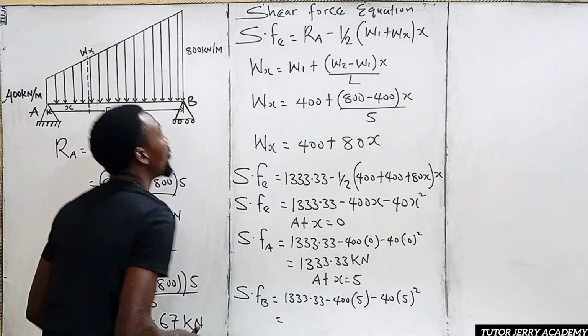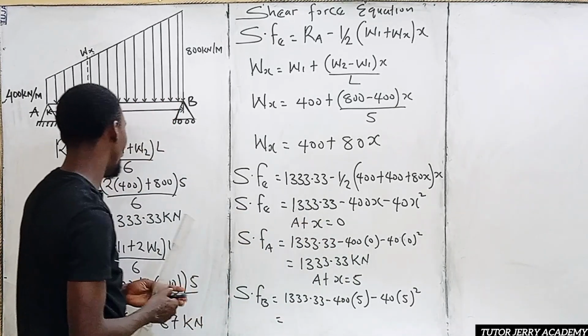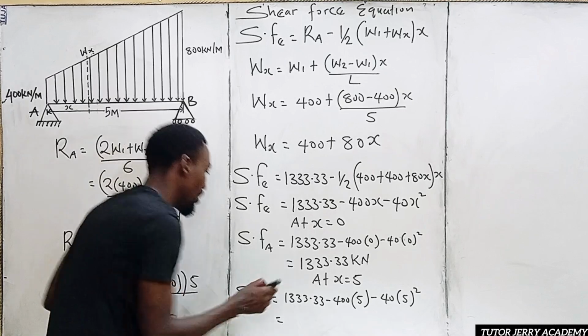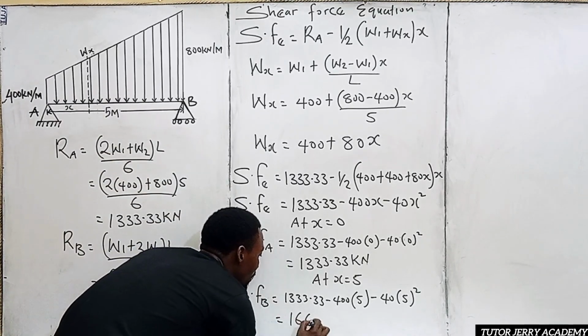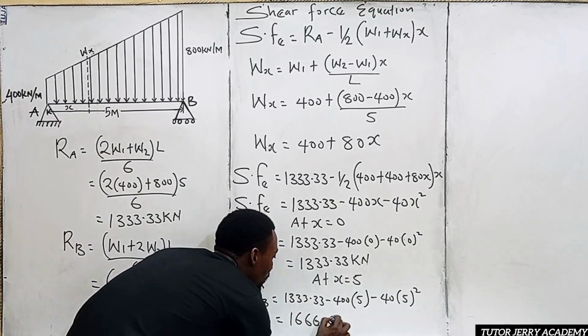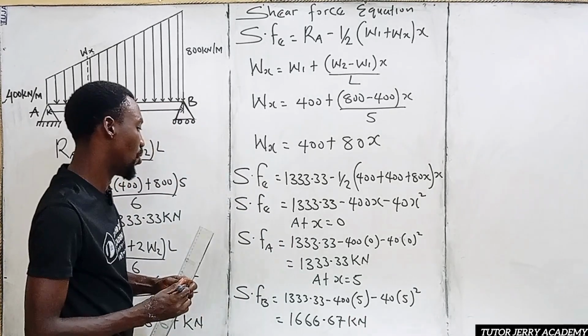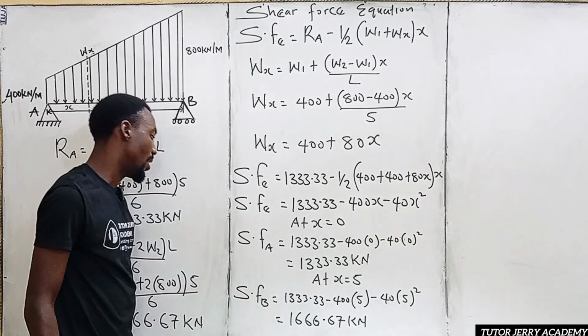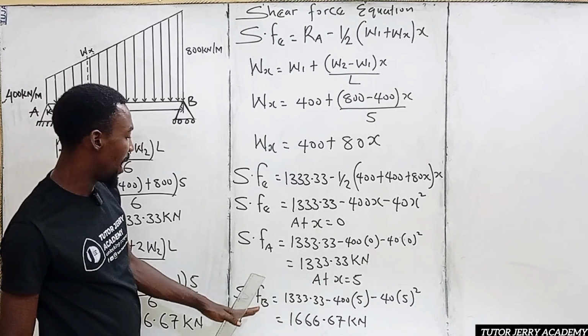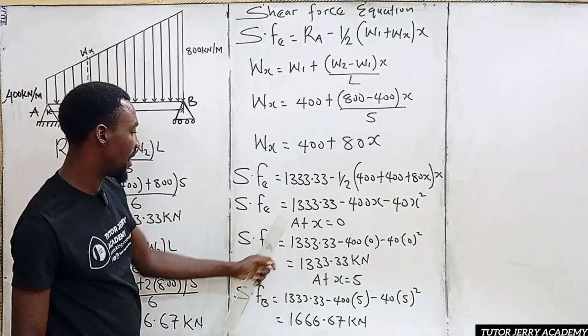If you do this carefully, it gives us 1666.67 kilonewton. So we are done with the shear force at point A and at point B.